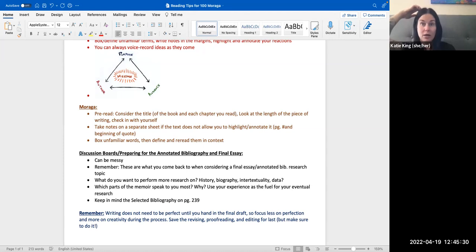Do the revising, the proofreading, the reorganizing, the taking out, the putting in, the adding analysis. Save a lot of that for the very end when you have the working bones of your essay. But make sure to do it. You can't hand in a non-edited essay full of errors unless you want that to affect your overall grade negatively. So keep all this in mind as you're reading.